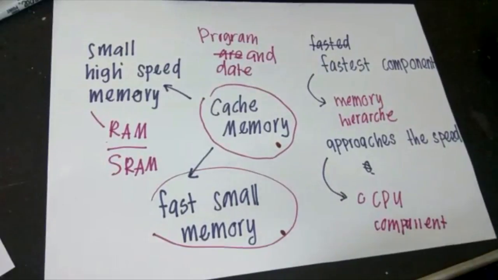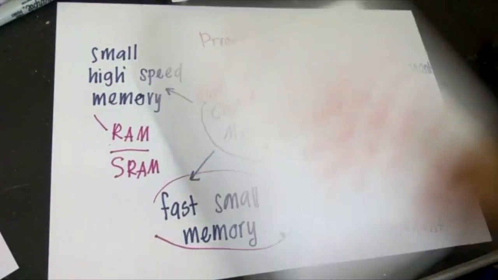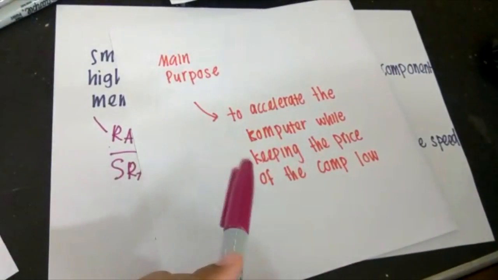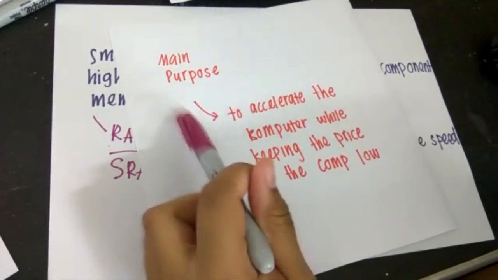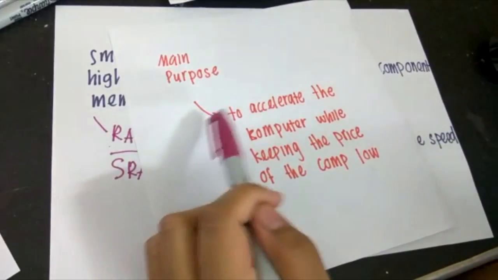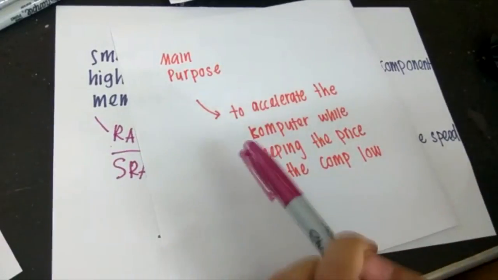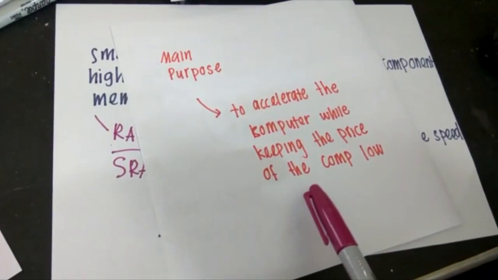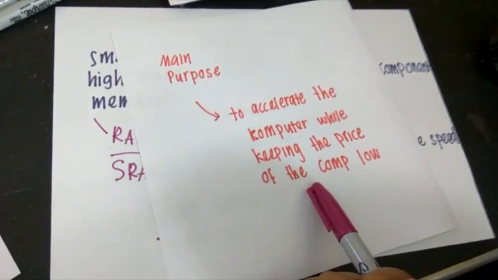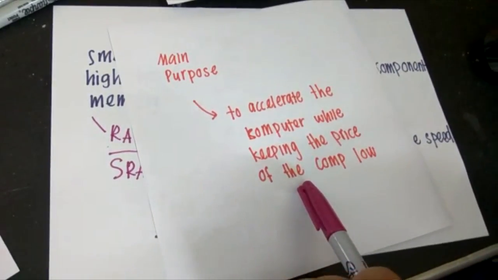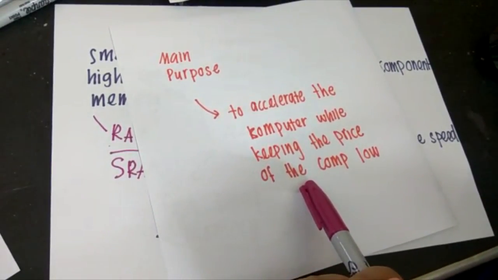Okay, then I will tell you about the main purpose of the cache memory. The main purpose is to accelerate the computer while keeping the price of the computer low. Caching allows users to do computer tasks more rapidly.